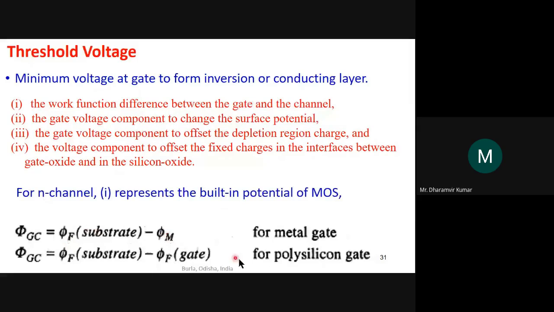Or if the gate is made up of polysilicon, it will be the difference between the work function of the substrate and that of the polysilicon. So this is simple: the difference between the substrate work function and the gate work function.